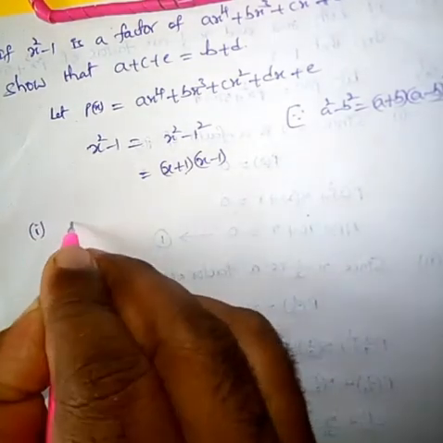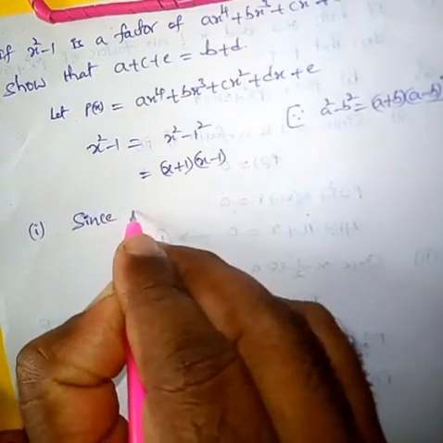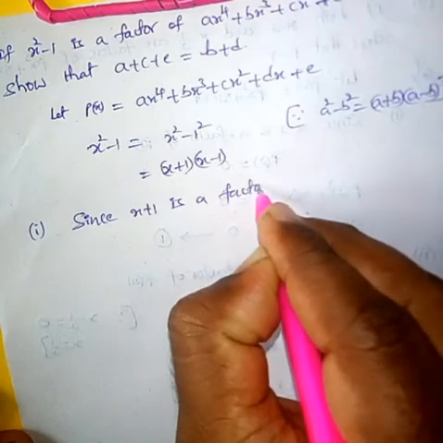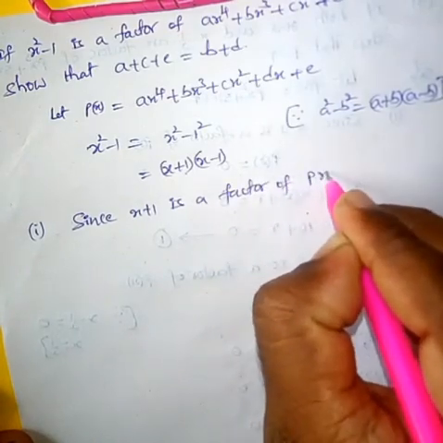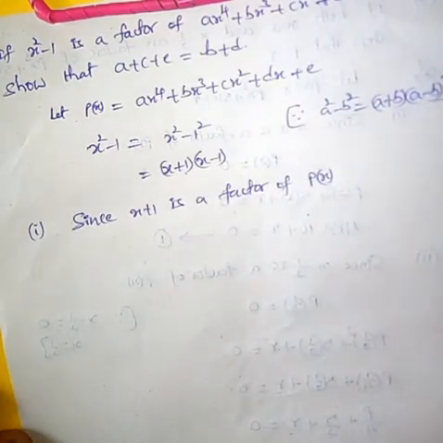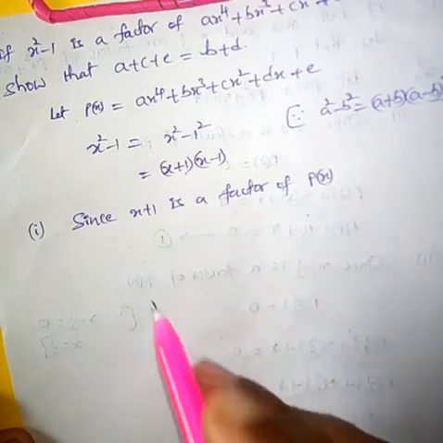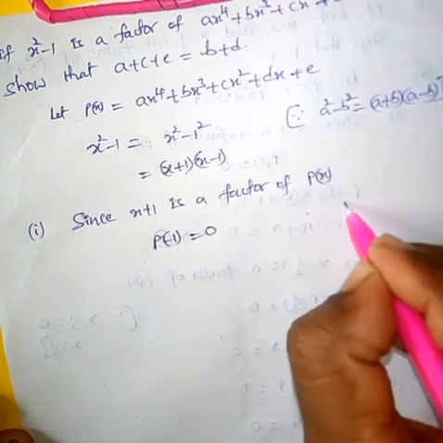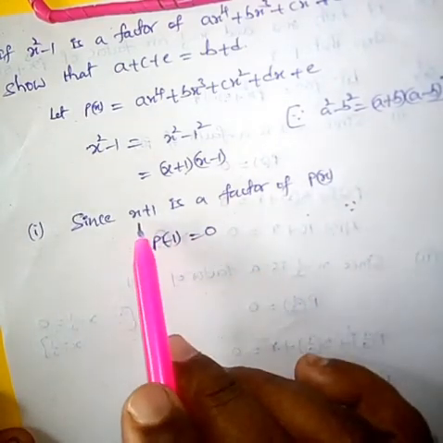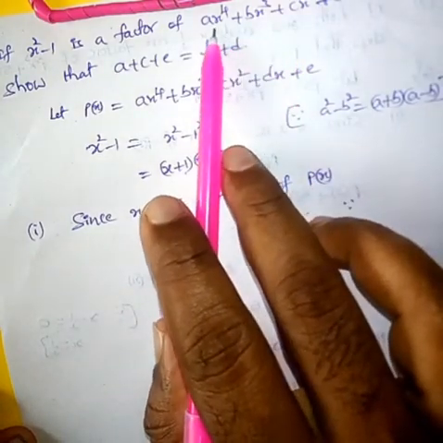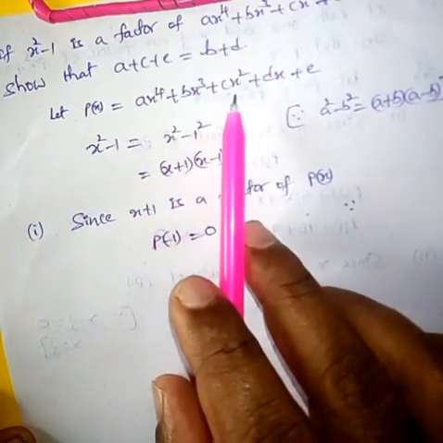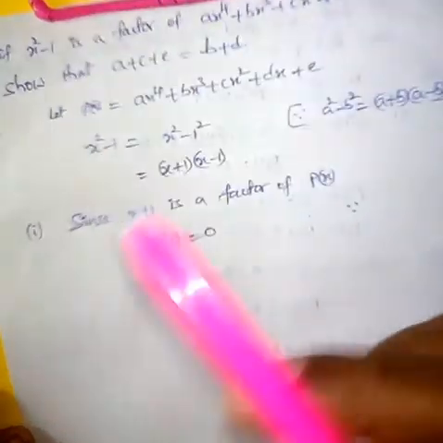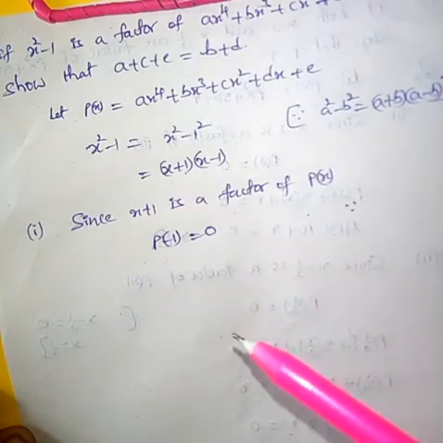First one, since x plus 1 is a factor of p(x), factor means the remainder should be equal to 0, that is p of minus 1 is equal to 0.